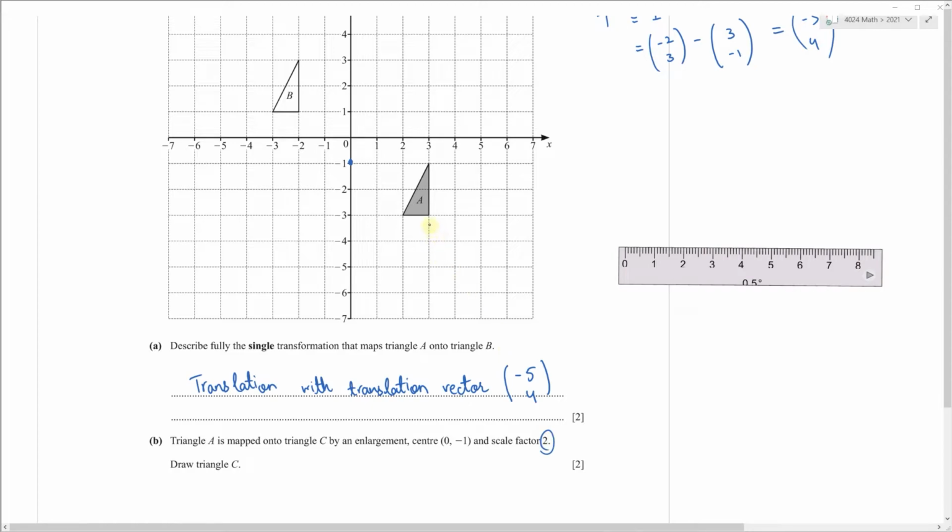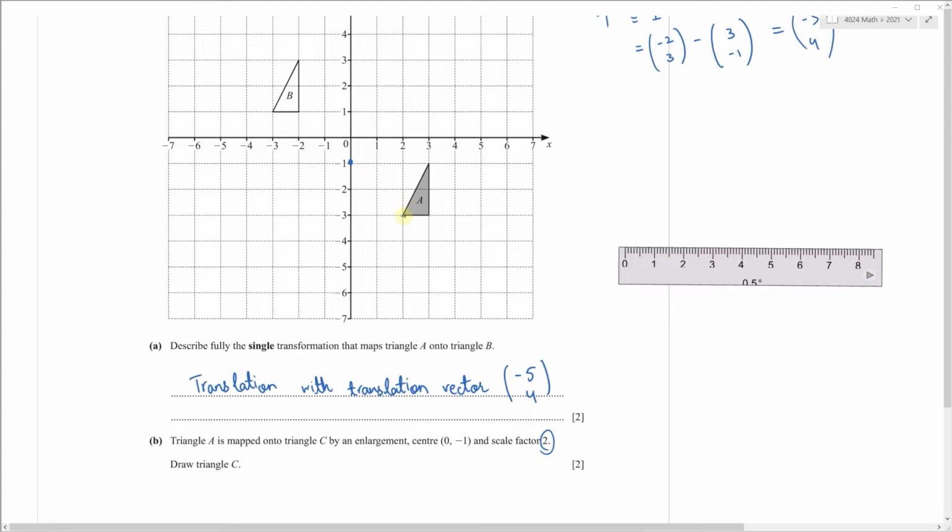So you have to do this enlargement of triangle A to map it onto triangle C. Since the scale factor is positive, triangle C will be on the same side of the center of enlargement as triangle A. And scale factor 2 means it will double the distance of each of these vertices from the center of enlargement.